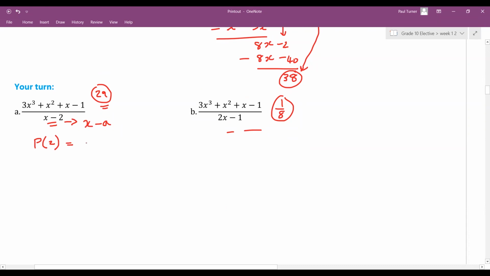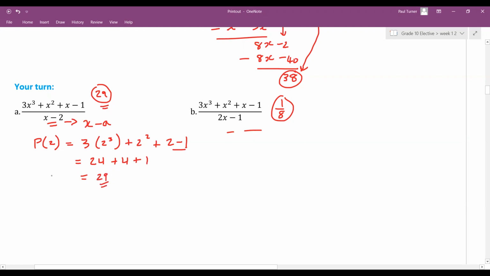So you're going to get 3 times 2 cubed plus 2 squared plus 2 minus 1. So 2 cubed is 8, 3 8s are 24, plus 4, plus 2 minus 1 is 1. And 24 plus 4 plus 1 is 29.